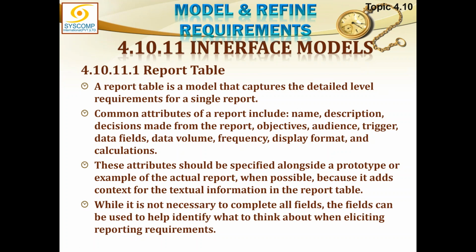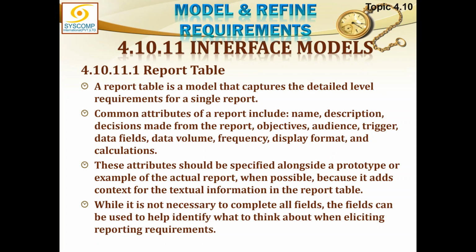Common attributes of a report include the name of the report, the description, the decisions made from the report, objectives of the report, audience, trigger, data feed, data volume, frequency, display format, and calculations.